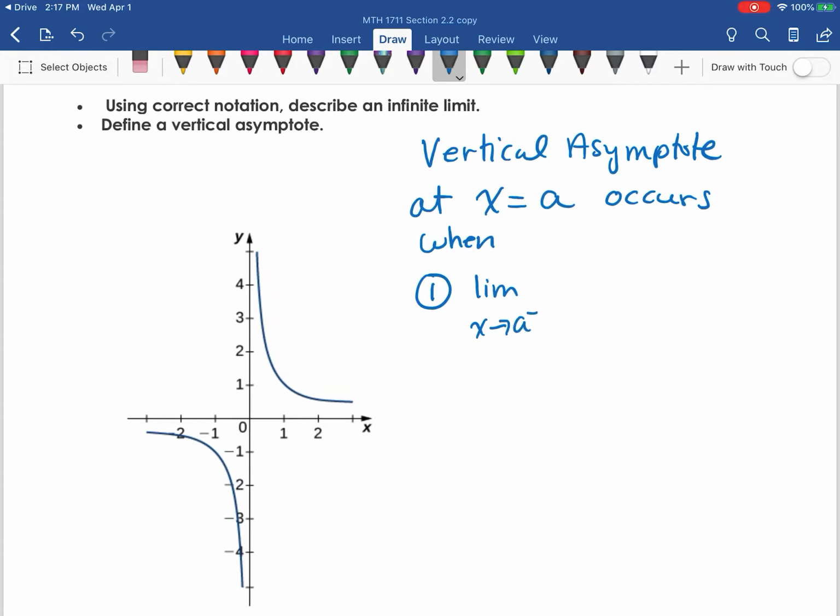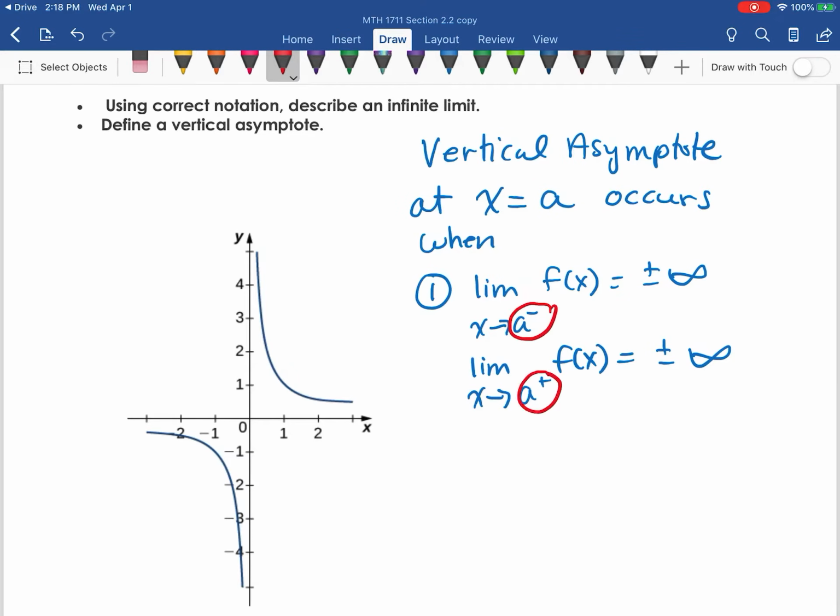You could either have the one-sided limits as x approaches a from the left of a function approach positive or negative infinity, and if you have the same thing coming from the right, if it approaches positive or negative infinity, then you would have a vertical asymptote at x equals a.